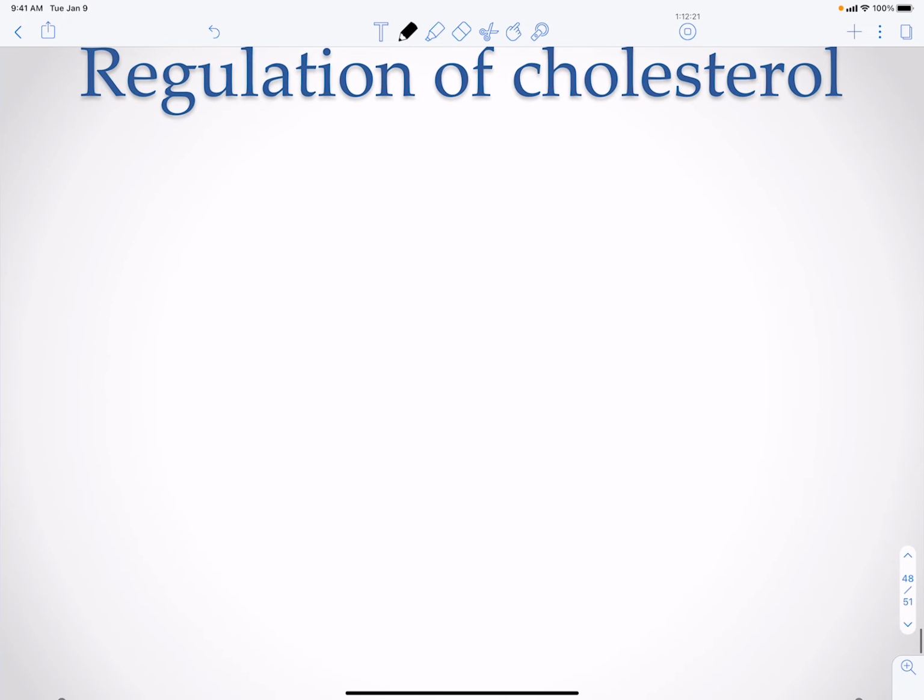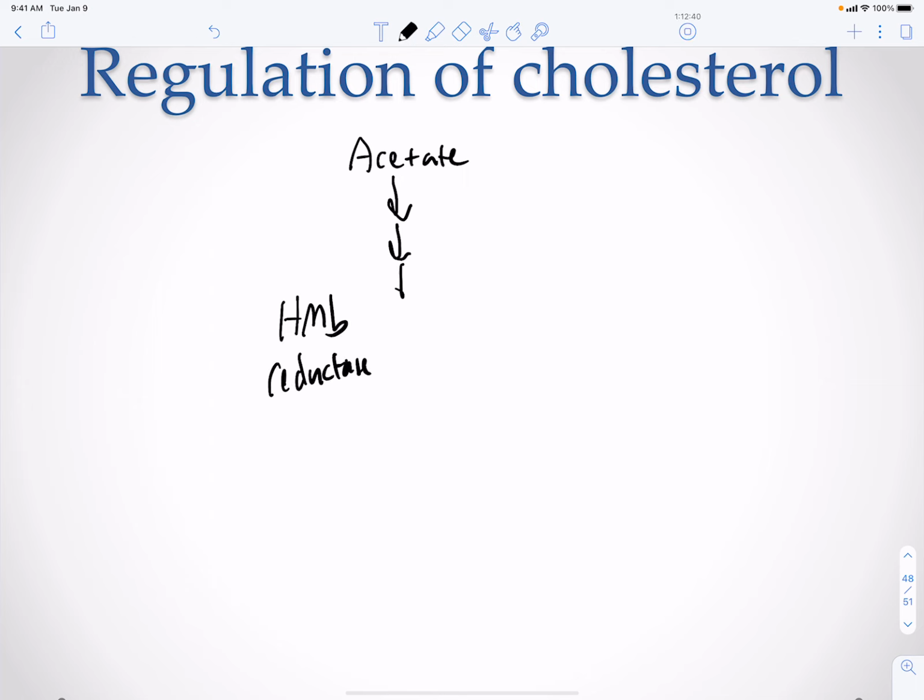Okay, and so regulation of cholesterol. So let's go back a little bit to cholesterol. So cholesterol, remember, is going to start with acetate. And then you're going to go through several steps and eventually get to HMG reductase. And this, of course, is going to be irreversible and lead to mevalonate.